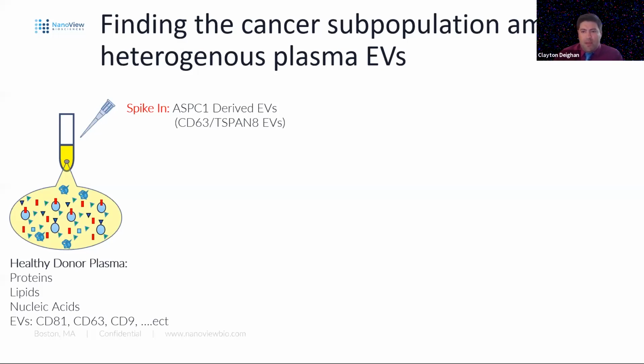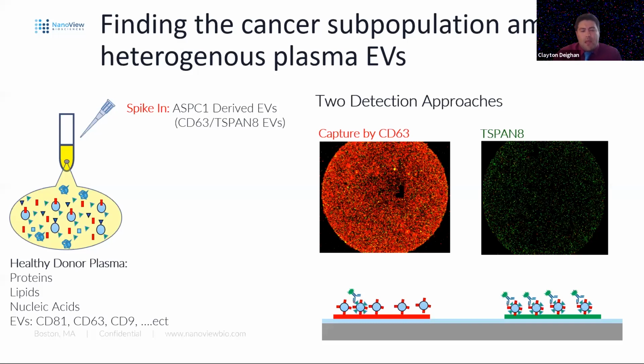Now that we know that all of these different EVs can display the tetraspanins, how can we use that to our advantage if we have disease EVs and we want to look at disease EVs? Is pulling down on CD63 the best way to capture the cancer EVs, or is it better served with a secondary biomarker? And we'll pick this apart a little bit.